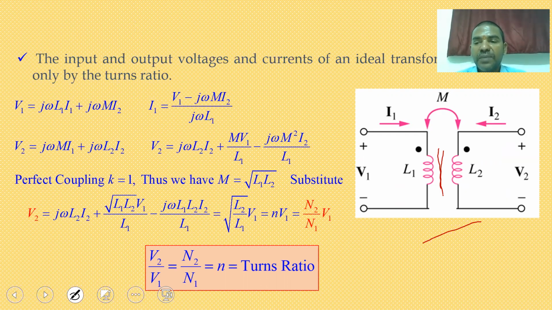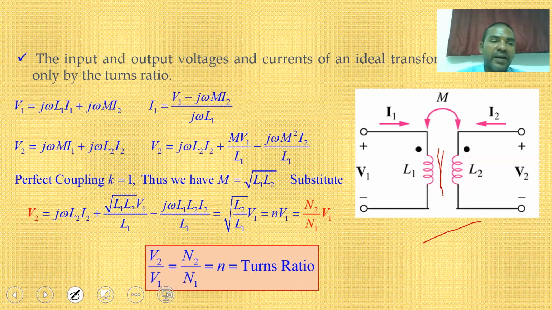V2 is the induced EMF generated in the second coil. I2 is the current flowing through the second coil. Here the first coil and second coil are entering with respect to the starting dots, and the mutual induction between the two coils is M. M is a positive value.